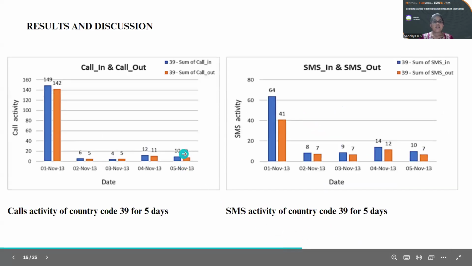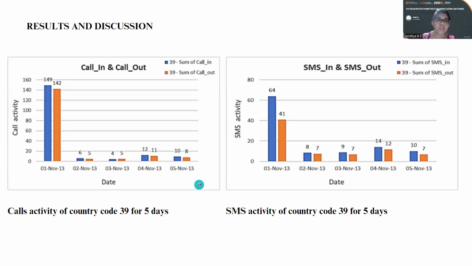These are the graphs which show the pre-processed data of CDR for all the different activities. Next, these graphs show the pre-processing of 5 sets of CDR data with different dates for one particular country code, 39. So the first plot is about the incoming call activity and the outgoing call activity with the difference in the color indication as mentioned.